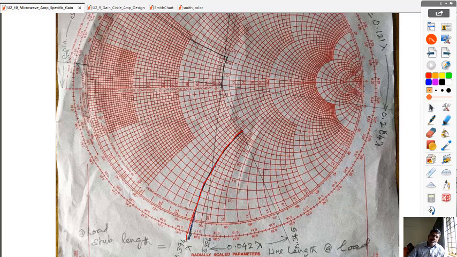This circle crosses the wavelengths towards generator scale at 0.394 lambda. Now you measure the stub length from the extreme left end of the Smith chart, from here, moving all around the chart and completing there. So this point will be 0.394 lambda. This is the length of the open circuited stub.